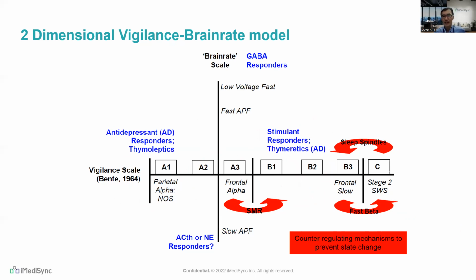On the y-axis, alpha peak frequency is brain rate or brain speed, which is the fundamental information processing with thalamocortical synchronization. Too slow an alpha peak frequency could show sluggish information processing, which is activated by norepinephrine medication.